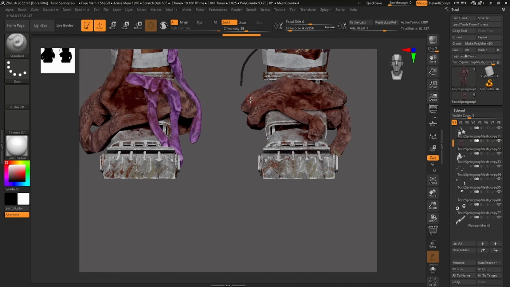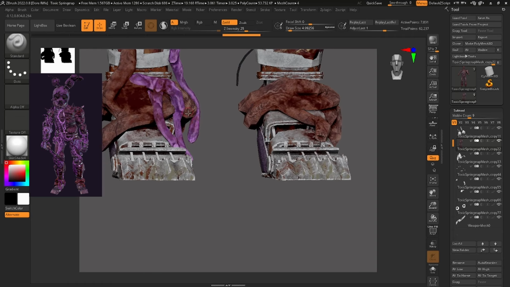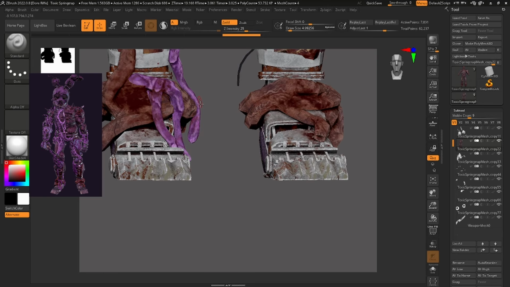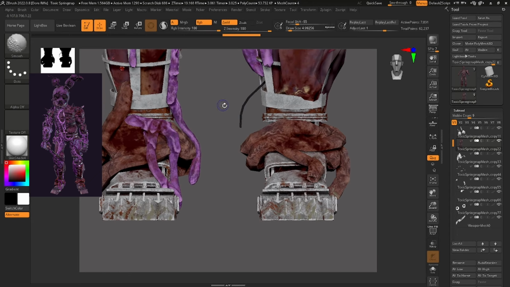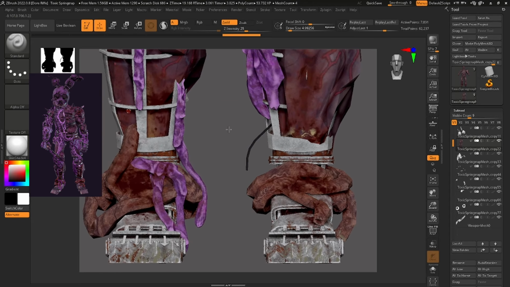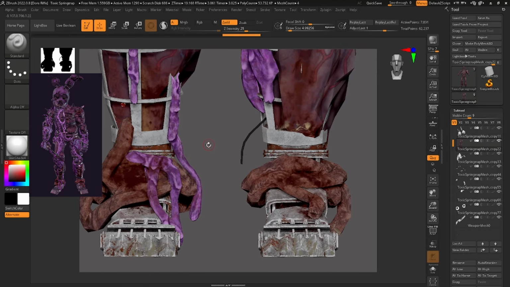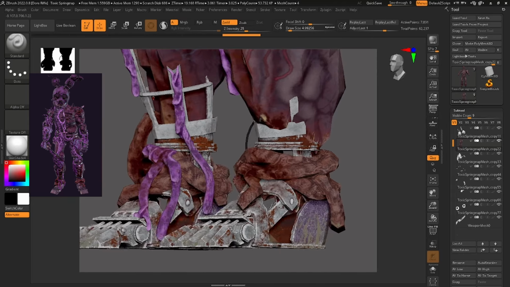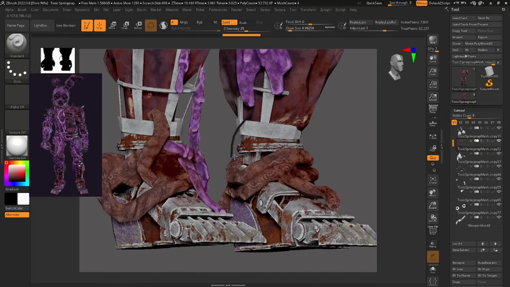Now, I'll also provide an image of the rendered version of him because it'll be easier to see what's glowing, because most of these purple areas glow or have an illuminated texture or render.